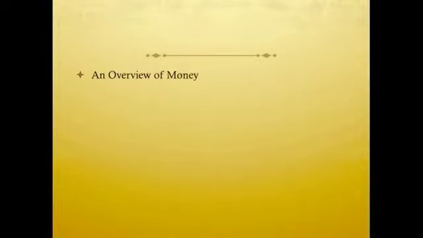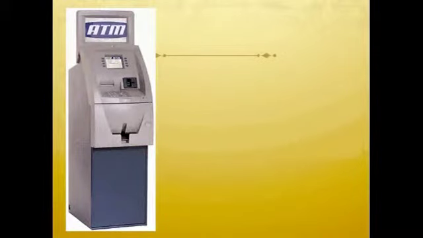An overview of money. Money is not income, and money is not wealth. Imagine a $20 bill. That bill may pass through 1,000 hands in a year. Suppose you get a $20 bill from an ATM and you spend it on a dinner.